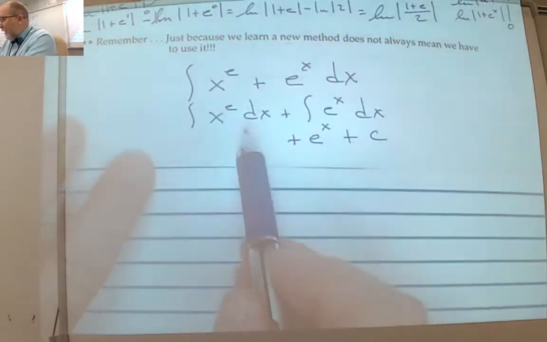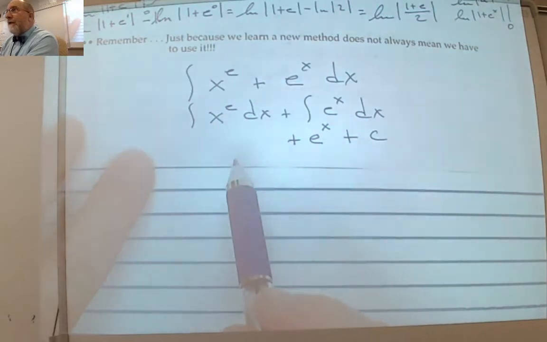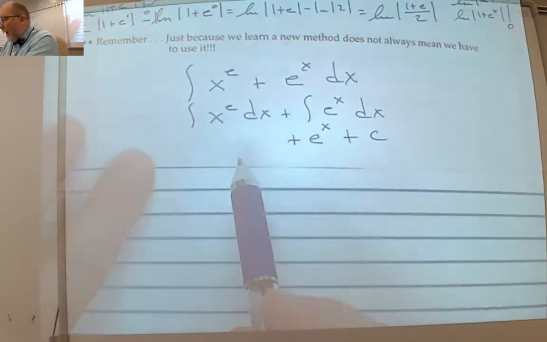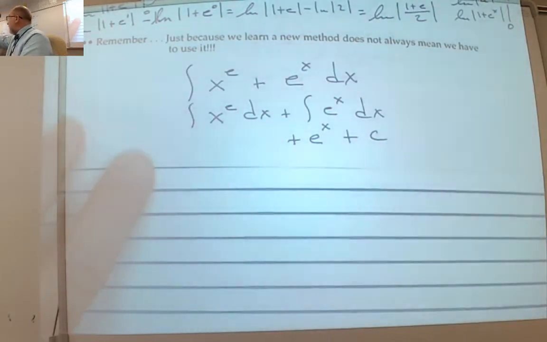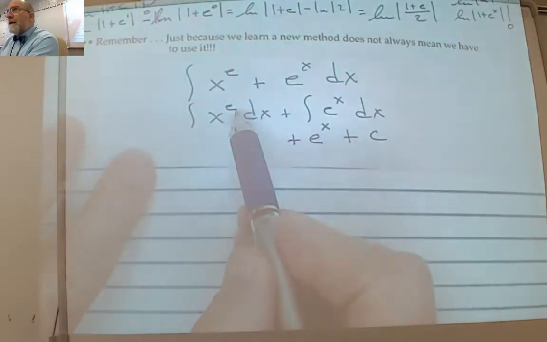Is it x to the e? Is that your answer? No, why? Because e's a constant. It's 2.71828184590424523 something, right? So it's a constant.